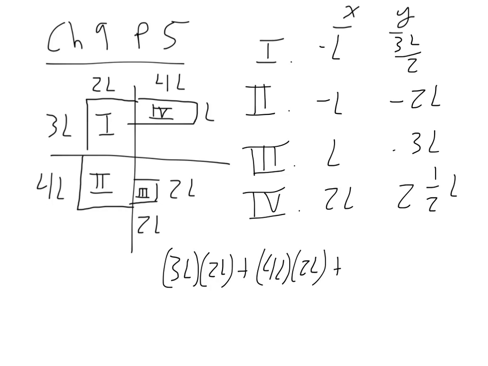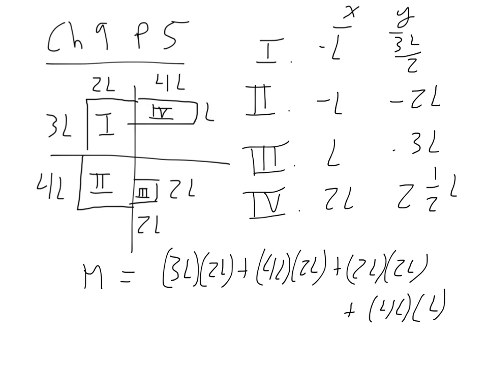The third slab has a mass of 2L times 2L. And finally, the fourth slab has a mass of 4L times L. So you're going to use this to figure out the total mass of your system. And each of those individual masses for each individual slab will be used in the center of mass equation on the next page.